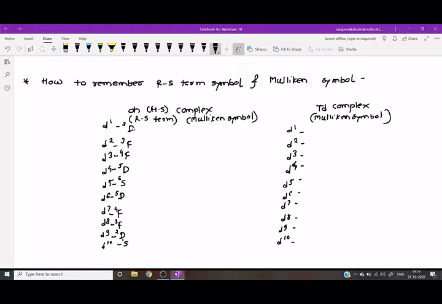The trick is first write the pattern DFFDS, again the same pattern DFFDS. Let us see how much time is required for determination of the RS term symbol for D1 electronic configuration.